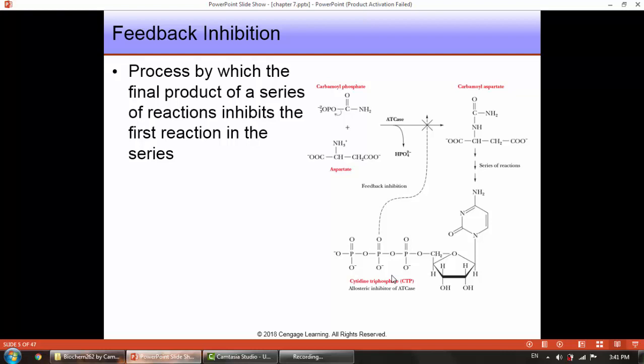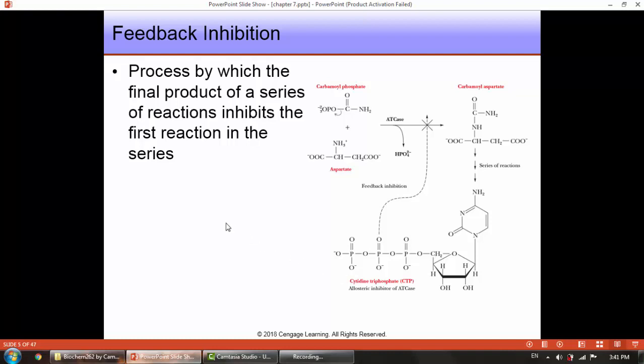Now, this final product called CTP, when its concentration reaches a certain level, inhibits the enzyme ATCase, and the mechanism is called feedback inhibition. As you can see here, this is called feedback inhibition. So CTP is an allosteric inhibitor of the enzyme ATCase.